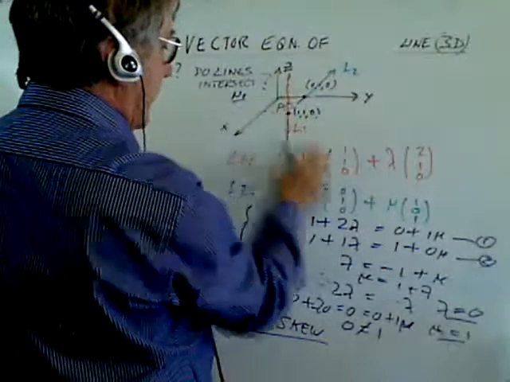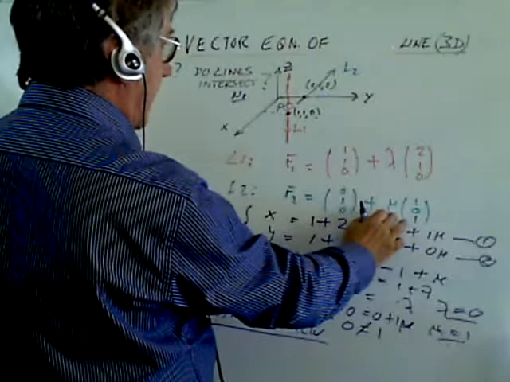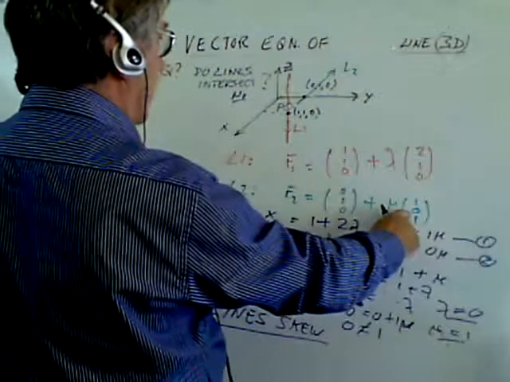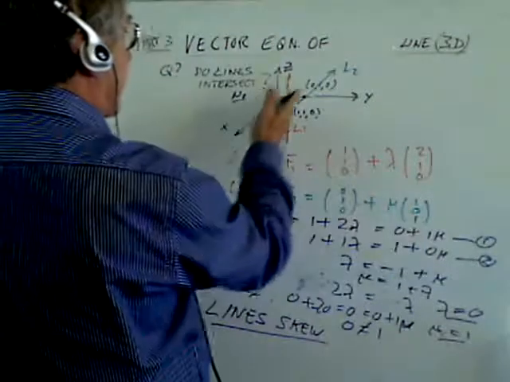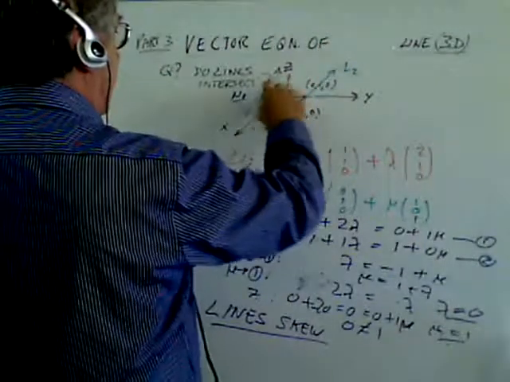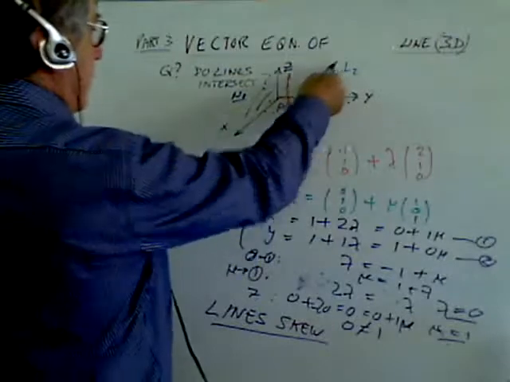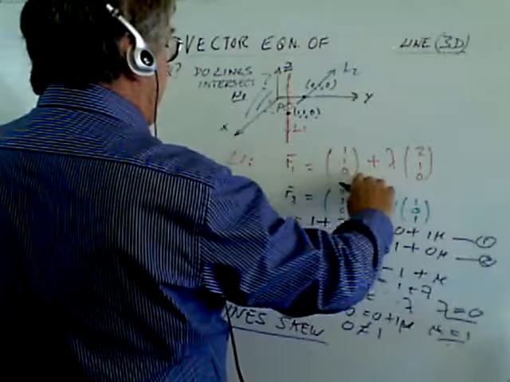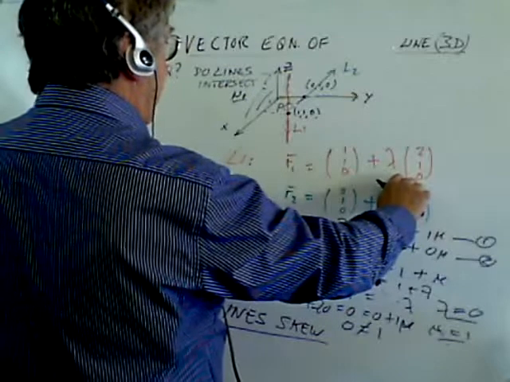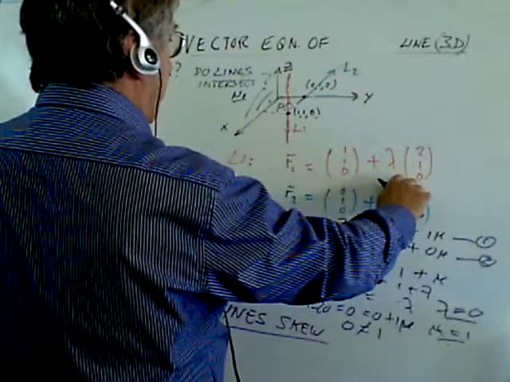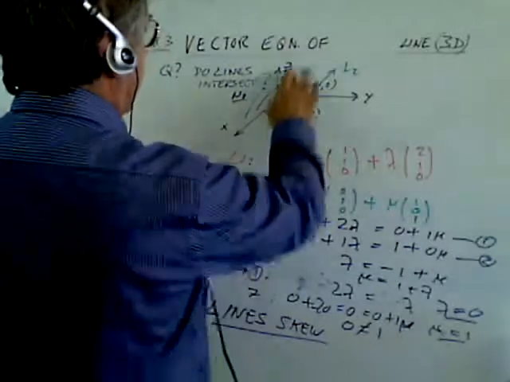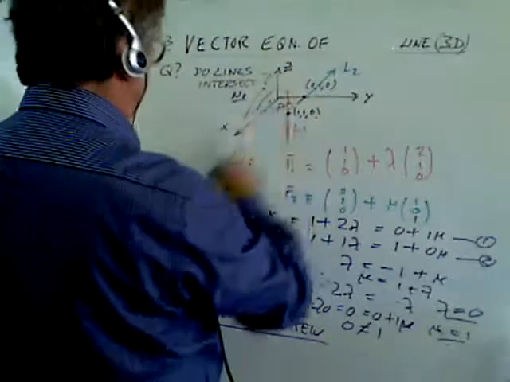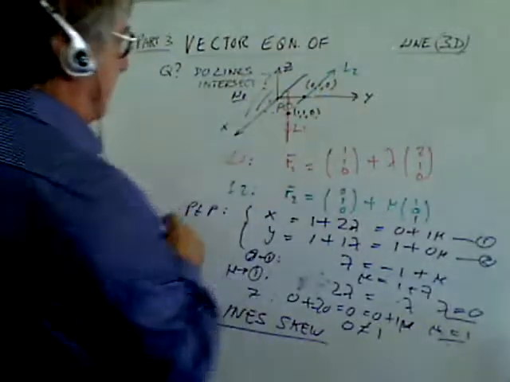It doesn't have a Y direction. This line 2 is parallel with the XZ plane, this green one. And this red one has no Z component, so it just lies in the XY plane, the red line.